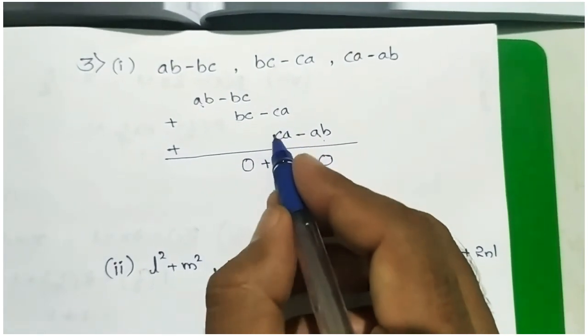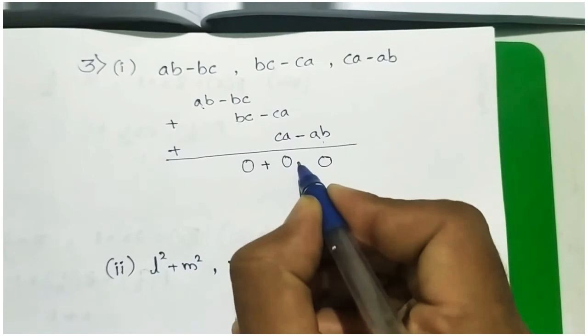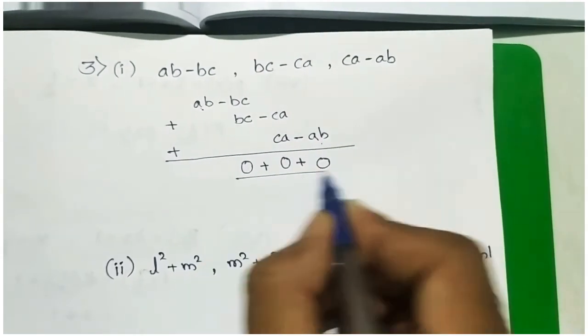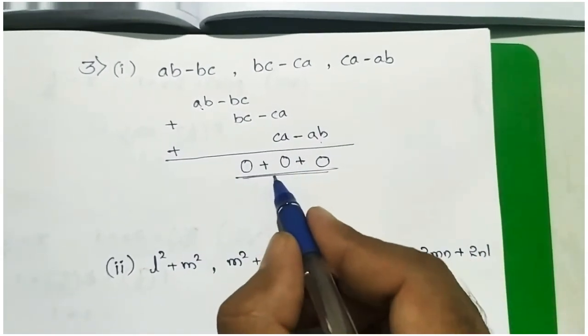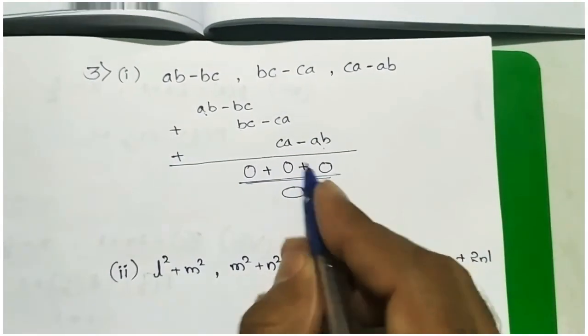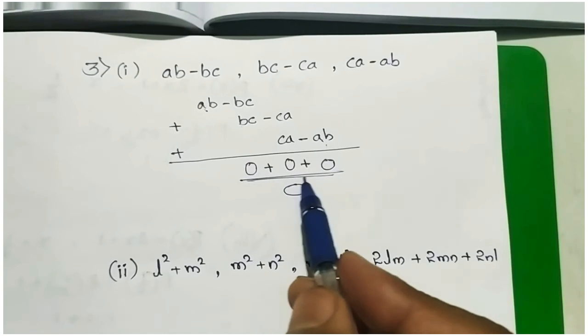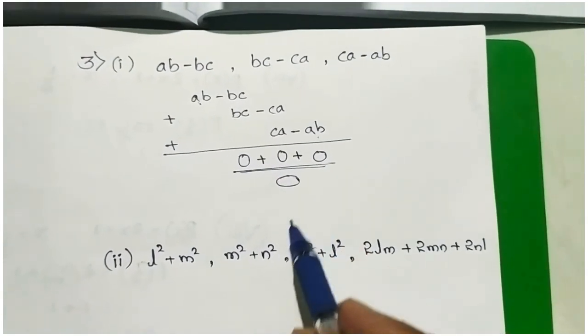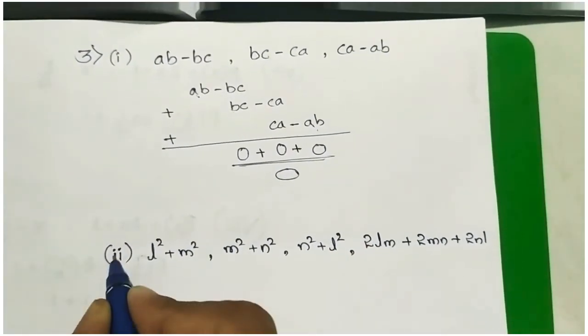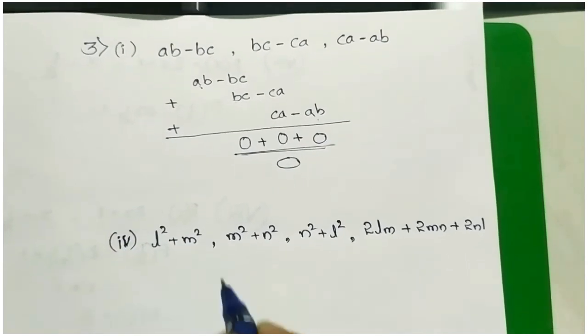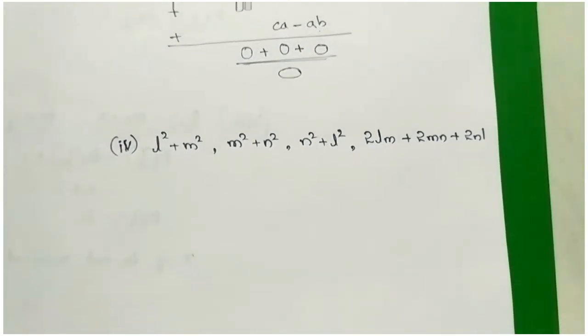Okay, what again will we get? We will get again 0 itself. So the answer will be 0. So if you add the given expressions, we will get 0 at the end. Okay, so directly I will take the fourth one, second and third for your practice.